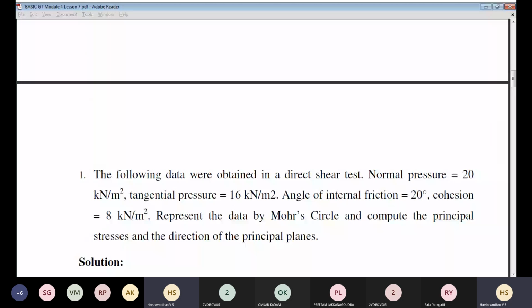Most of the calculations to find out certain values, you need to conduct these tests in laboratory. Okay, we'll go to the solution part now.